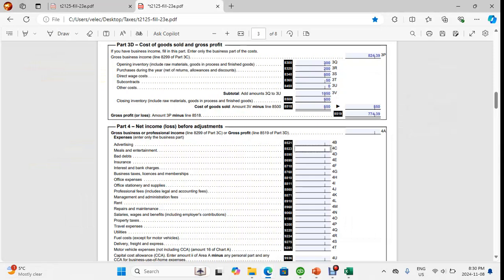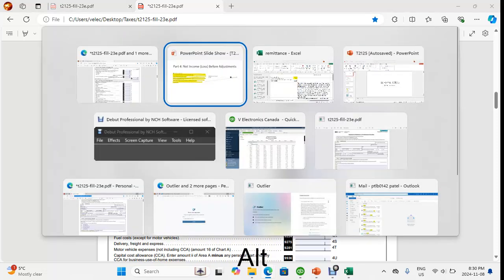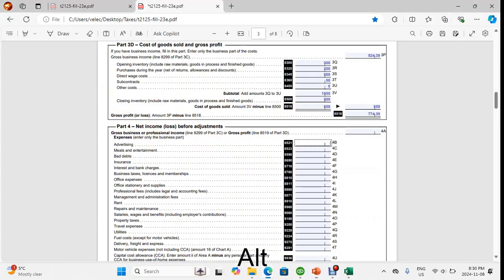To figure this out, you have the option to use QuickBooks or any other software. QuickBooks will populate a report that shows your total advertising expense. Let's say your total advertising expense, in this case, is zero.